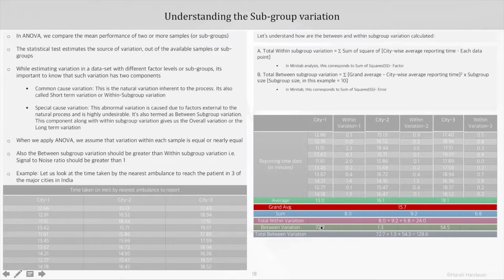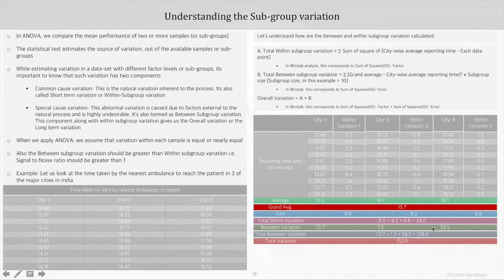And adding the terms for all the three factor levels or cities, we get 128.6, which is the total between subgroup variance. And the overall variance for the sample, including these three subgroups, would be the sum of the total between and total within variance. That is 128.6 plus 24 will give us 152.6.